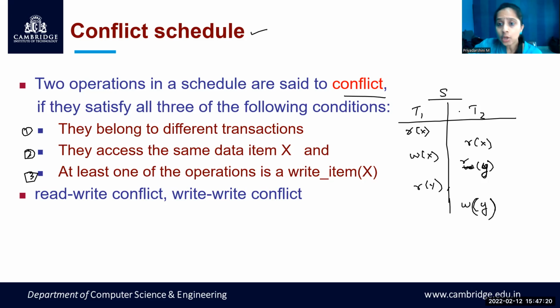Now, when do you call this schedule a conflict? Now, these 3, let's see the first one. They belong to different transactions. Who is they? It's nothing but the 2 operations. Which 2 operations?